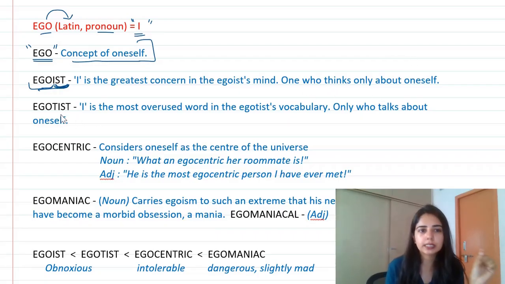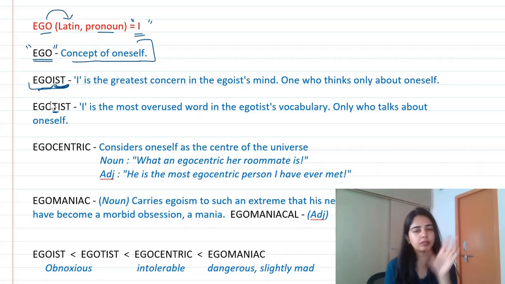Now egotist. There is only a slight difference in the spelling. You can see there is a T added in egotist. If you add a T between ego and ist, it becomes egotist. Now what is the difference in meaning? I is the most overused word in the egotist's vocabulary. Someone who thinks about himself is an egoist, but someone who keeps talking about himself is an egotist.